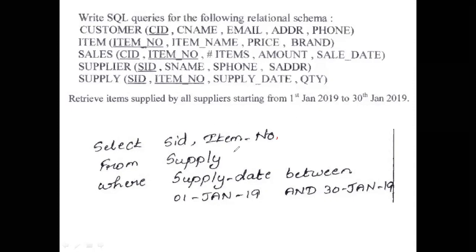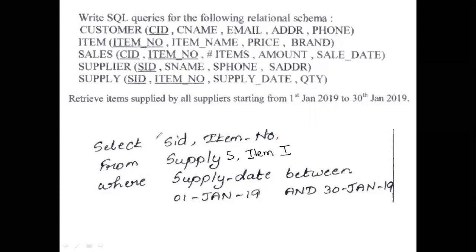So from supply, we will put S, yes, then another table, item I. Okay.